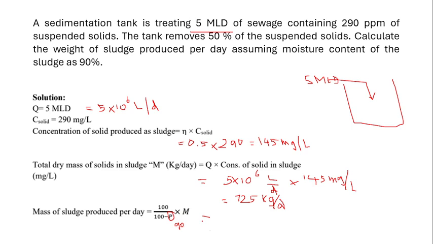So we have to multiply 10 into 725, which is 7250. So that is the total mass of the sludge produced in a day, in kgs. So the right answer is 7250 kg per day.